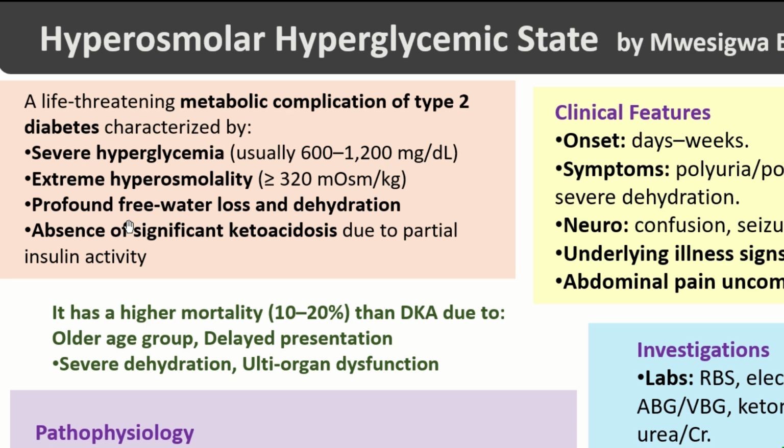So because of this, and other factors like decreased water intake, inability to take in water, or unavailability of water, they're going to develop a severe hyperglycemia and an extreme hyperosmolarity because of the decreased intake of water and also the hyperglycemia that is causing diuresis of that water. And they're not going to have much ketoacidosis because, much as they have decreased insulin sensitivity, the insulin is there. And this insulin is going to be just enough to suppress the formation of ketones.